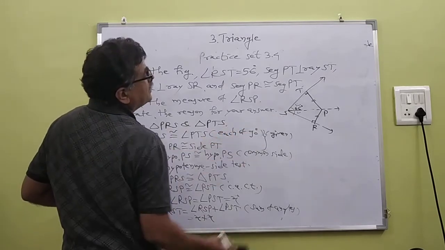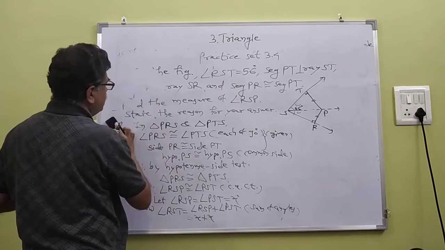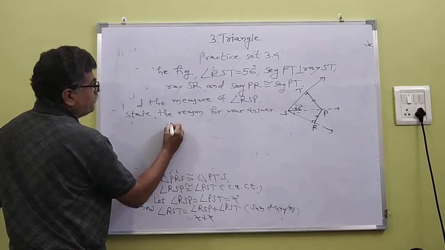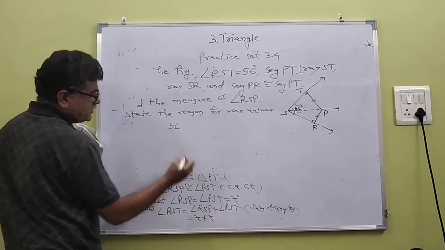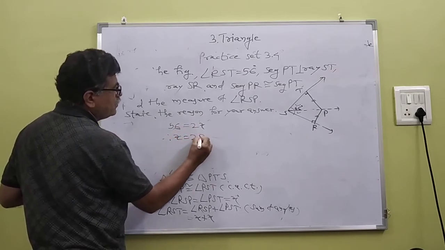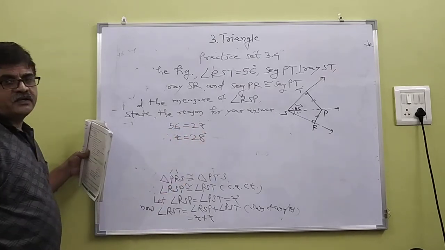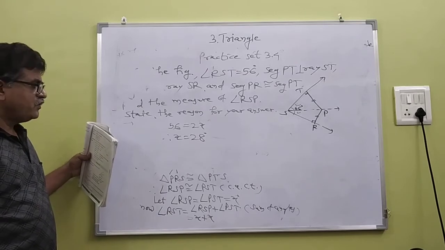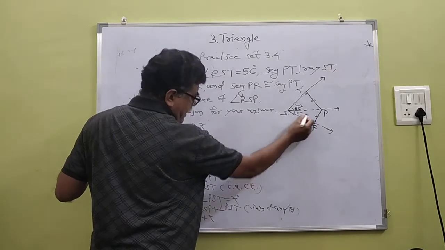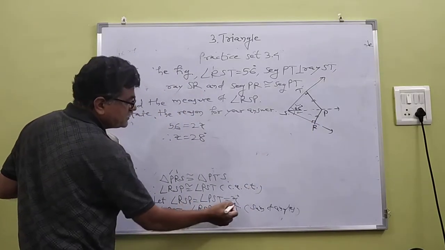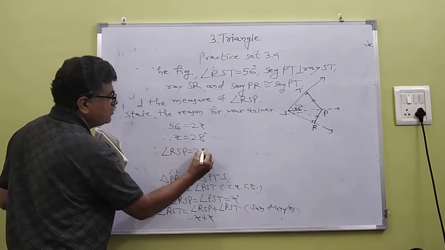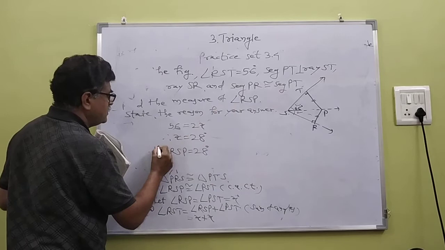RST is given as 56. Therefore 56 is equal to 2x. Therefore x is equal to 28 degrees, 56 upon 2, that is 28. X is 28. Therefore this angle RSP is also 28. Therefore angle RSP is equal to 28 degrees. This is the answer.